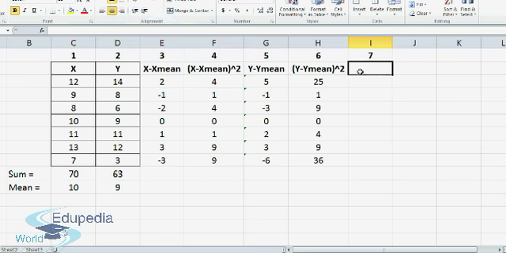Okay, so here I need to find the product of column number 3 multiplied by column number 5. So it will be this multiplied by the one here.